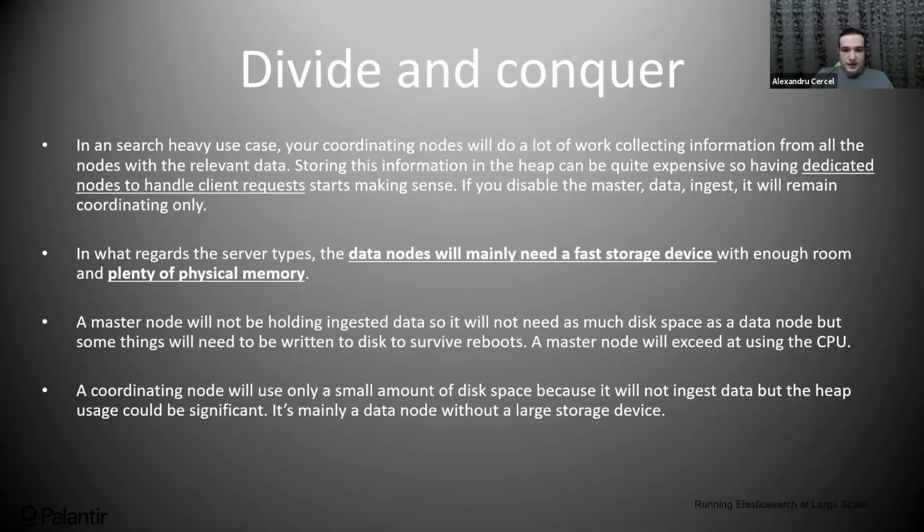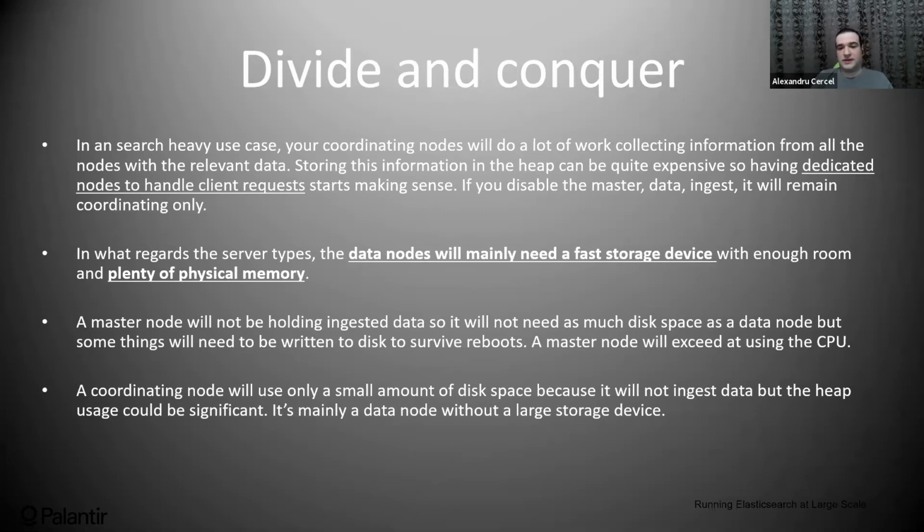In what regards the server types, the data nodes will mainly need a fast storage device and plenty of physical memory. A master node will not need as much disk space as the data nodes will, but it will need some disk space because some things need to be written to disk so they survive reboots.